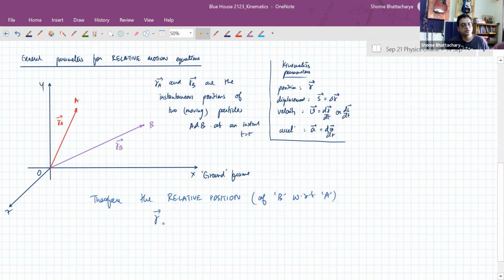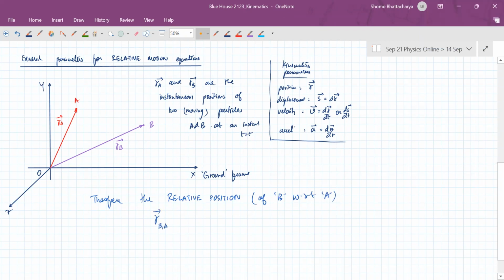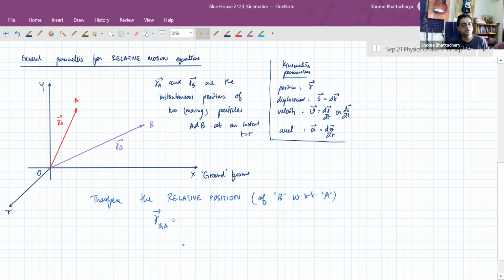Let's try to understand that. So in our notation, we'll write like this. If we write B comma A, it means of B with respect to A. Okay. So this is of the particle B with respect to or relative to the particle A.